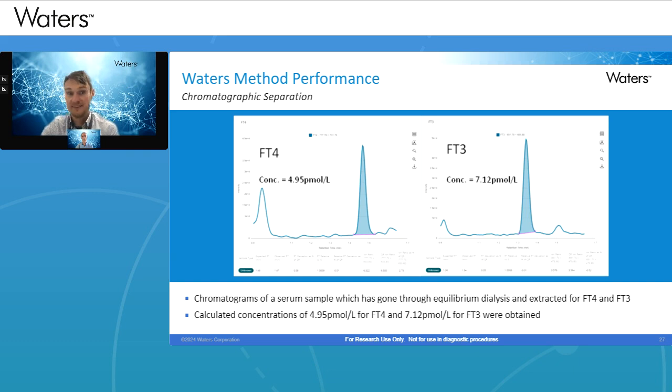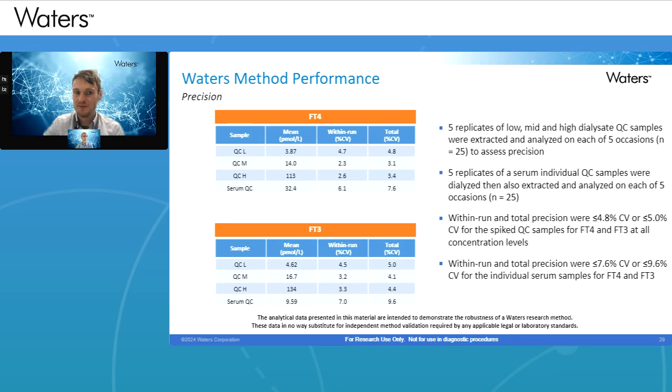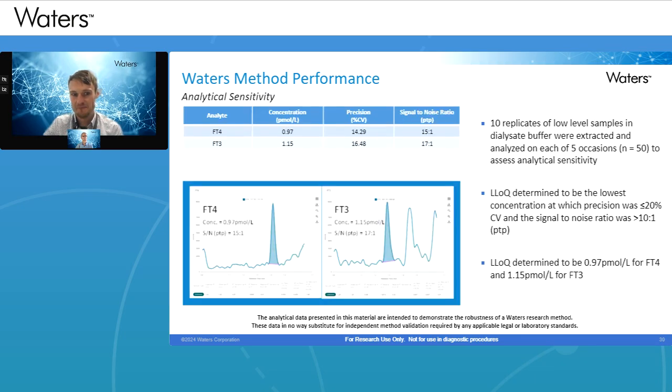That being said, this is a real serum extract through the ED process, and you can see at 7 picomoles per liter, we have a really, really nice peak there. So if you take that 7-fold down, I don't think you will be too dissimilar to what we see here. So hopefully that helps to answer that question. Okay. Thank you.